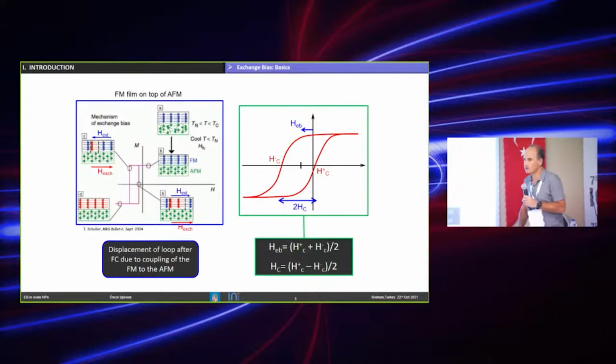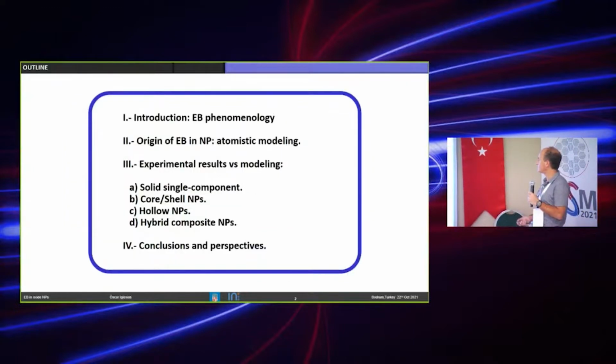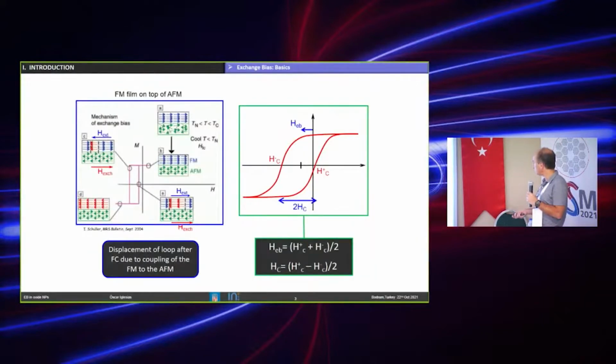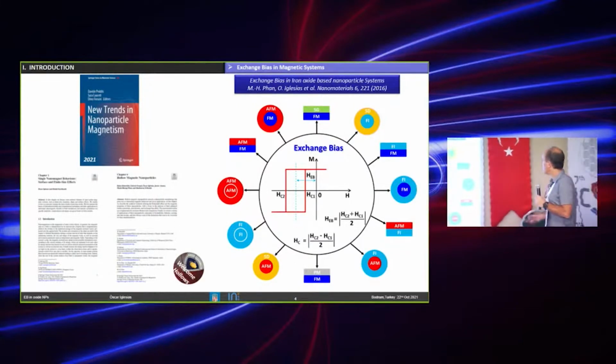But today, I will focus on nanoparticles, in which the interface in between the two phases is not as clear as in the case of thin films, so things will not be that easy to model. On the contrary.